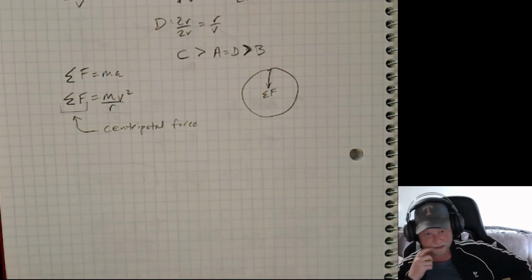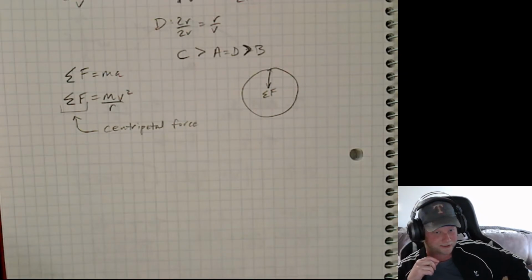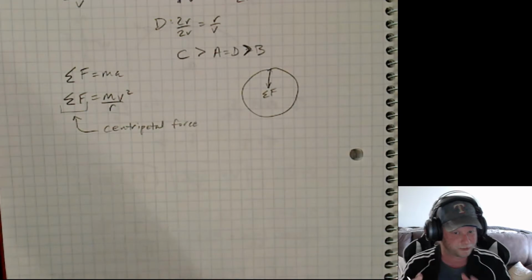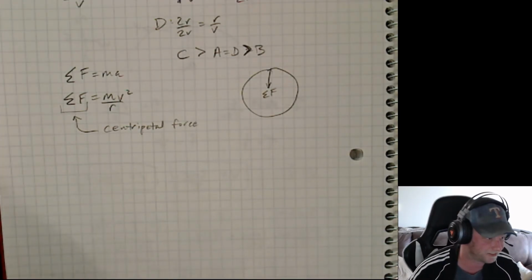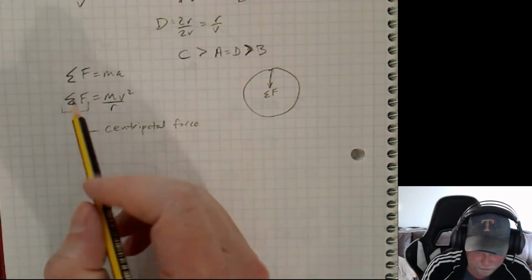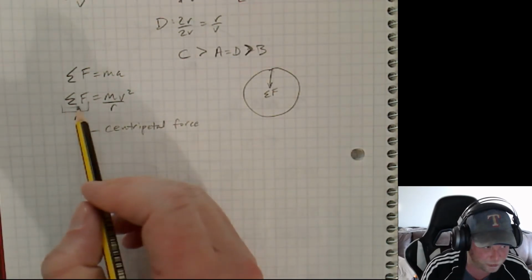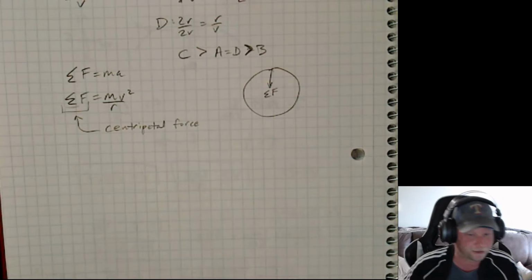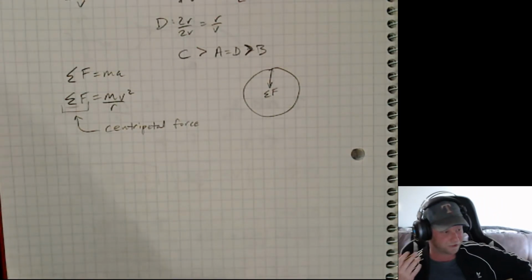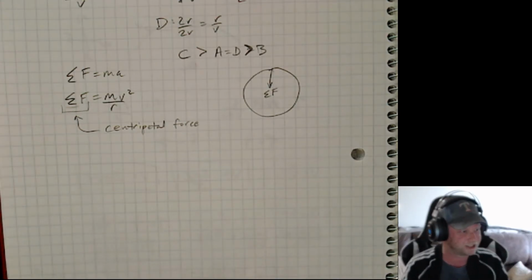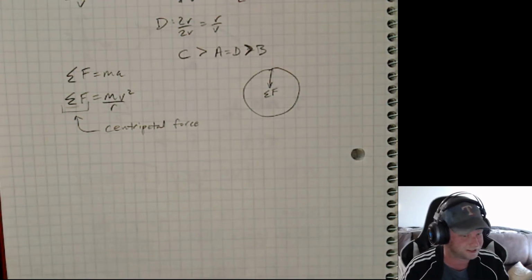Now, here's the biggest mistake people make: they want to think about the centripetal force as some sort of independent force that we've never seen. No, the centripetal force is just a new name for the net force in circular motion. So the centripetal force is going to be a force that is already familiar to you, whether it's friction, tension, or a combination of these things.